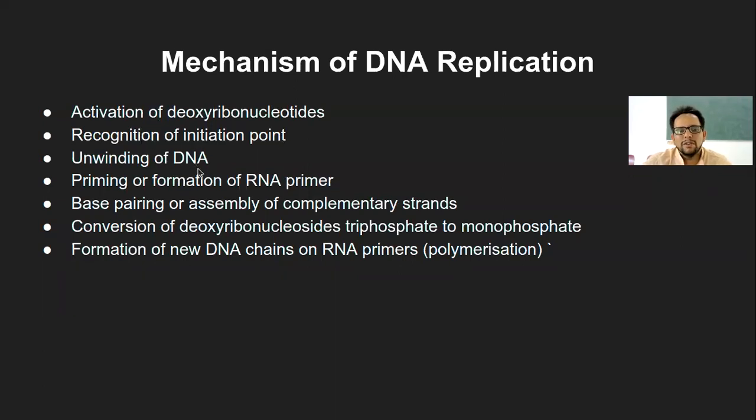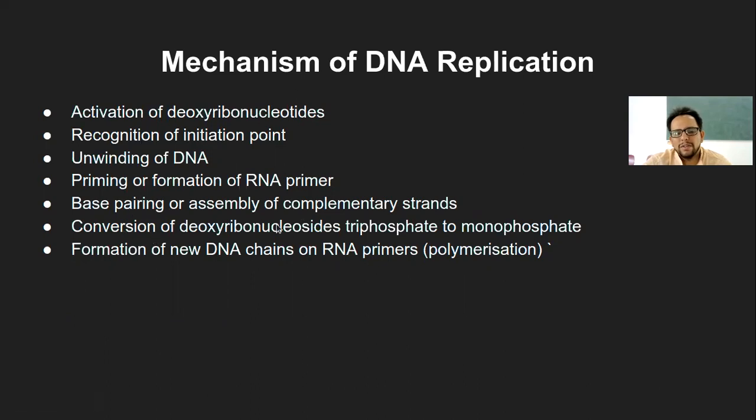Unwinding of DNA, because it is present in the double helical structure, it will open up. Priming, or formation of the RNA primer. That is like a starting point for the replication process. Like it develops a kind of primer. Then base pairing and the assembly of the complementary strands. So the newly added base pairs will form complementary bonds and they will form the complementary strand.